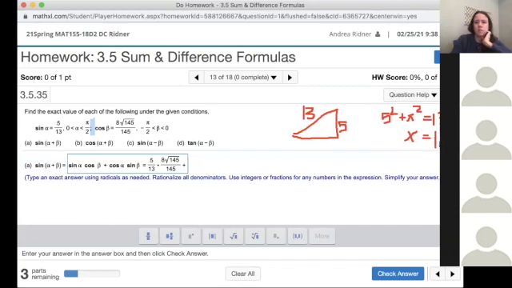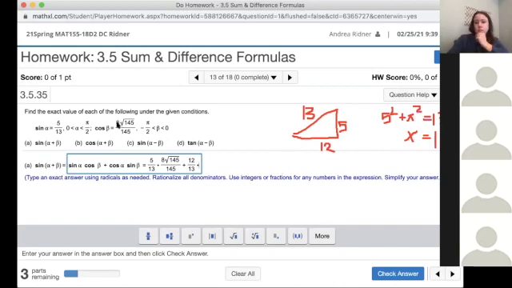So 1, 2, skip a few, x equals 12. So then cosine alpha would equal 12 over 13. Does that make sense? Because it's adjacent over hypotenuse. Okay.